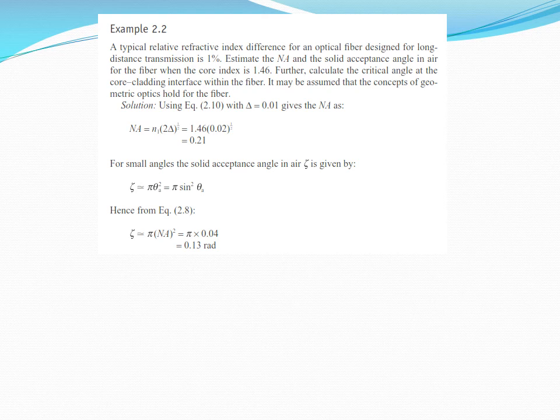We know that sine of a particular angle is nothing but the numerical aperture. So I substitute that, pi into numerical aperture square. That is pi into 0.04, since the square of 0.2 gives 0.04, which gives me 0.13 radian. So this is the solid acceptance angle for the fiber in air.